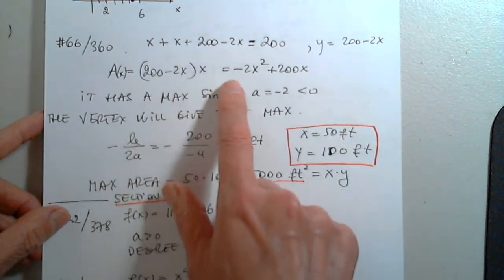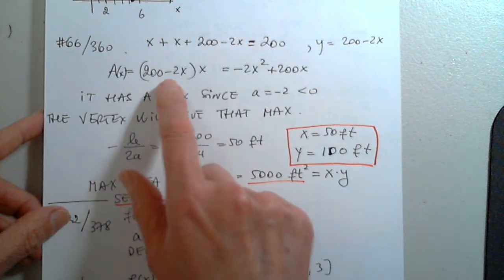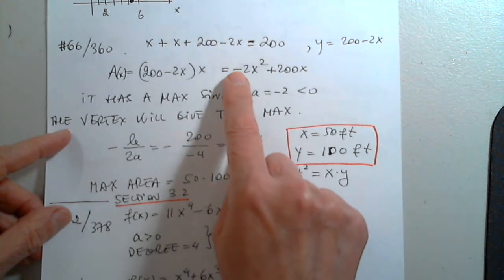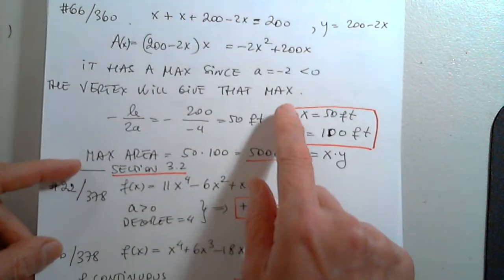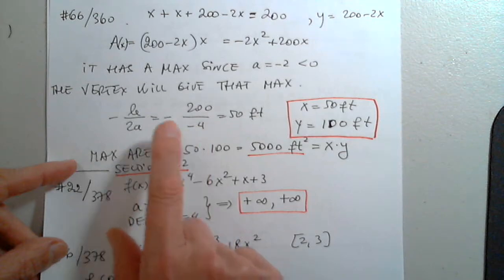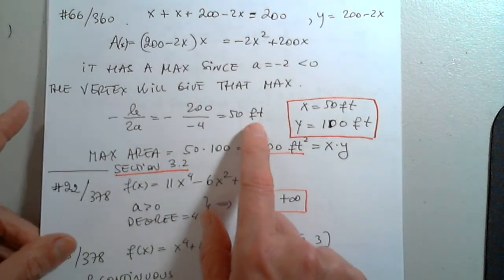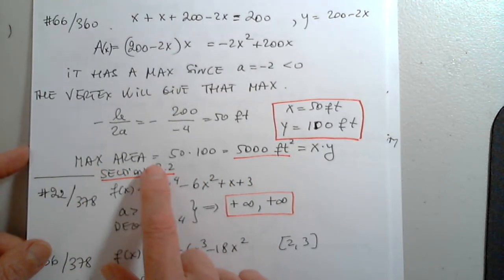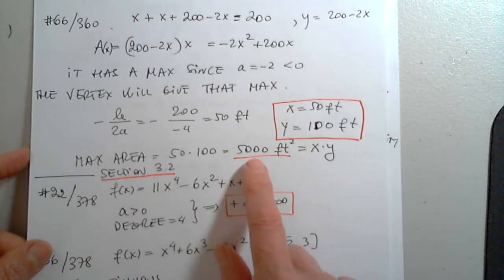We get this after we distribute and arrange in descending order. It has a maximum since the leading coefficient is negative, and the vertex will give that maximum. So we find negative b over 2a again, and then we plug in and we get 50. When we plug back into the function, we get 5,000 square feet.